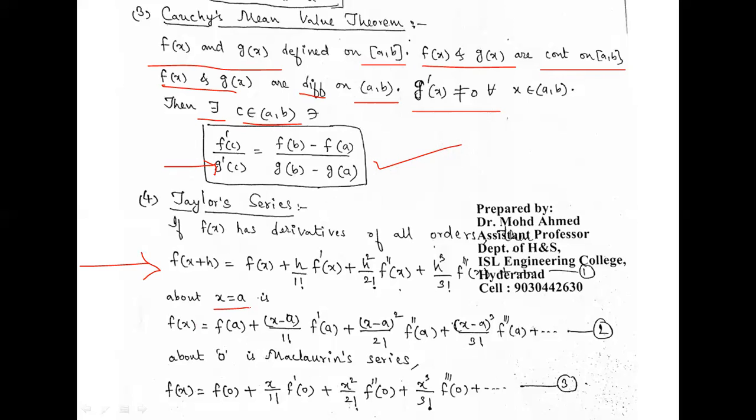Instead of h we have to substitute x minus a, and instead of x we have to substitute a. If you substitute this, you will get this series. Then in this series, if you substitute a is equal to 0, then you will get this series.